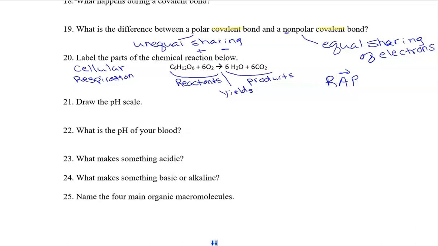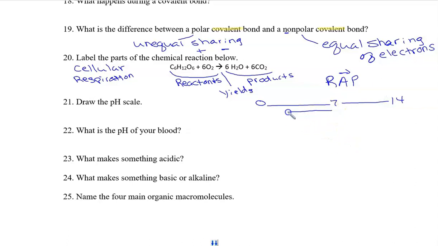All right, your pH scale pretty much goes from 0 to 14, with 7 sitting in the middle. pH is whether something's an acid or a base.